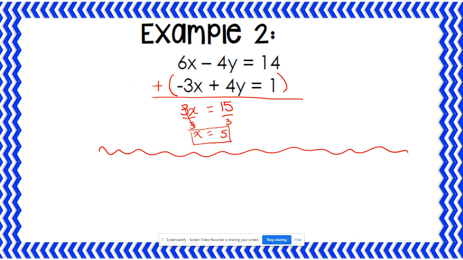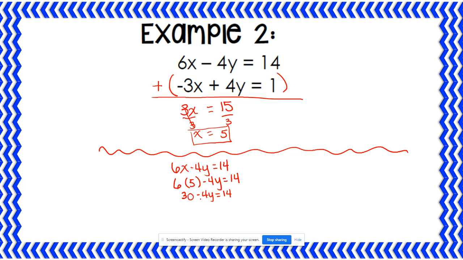So I'll plug it into one of my equations. If I use my first equation, that one says 6x minus 4y equals 14. I'm going to plug in 5 for x, so 6 times x, or 6 times 5, minus 4y equals 14. 6 times 5 is 30, so 30 minus 4y equals 14.